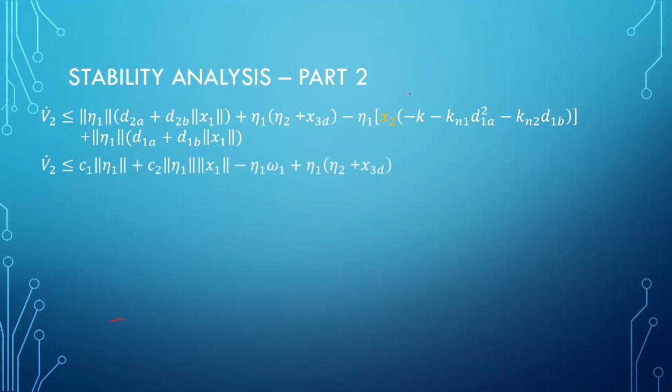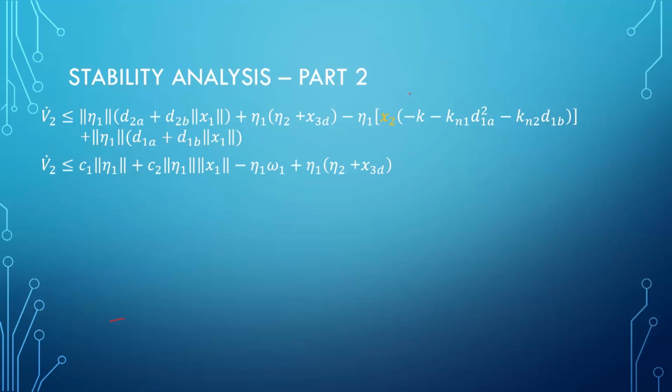Now you can regroup terms, and there are two groups. You can regroup the terms with eta 1 and regroup the terms with eta 1 times x1 norm. So C1 is the coefficient that combines D2A, because this is eta 1 norm, right?